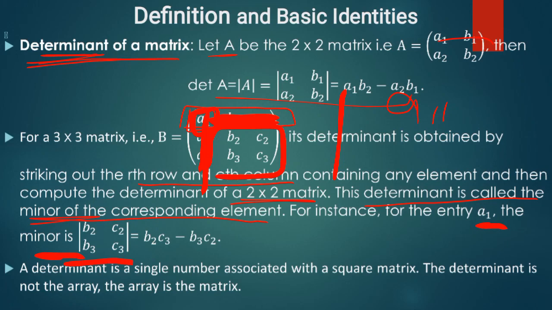You just multiply, like we did when finding the one for a 2 by 2. You take B2 and multiply by C3, which is what you can see here, and then you subtract B3 times C2. That's how you get the minor at the first entry, A1.